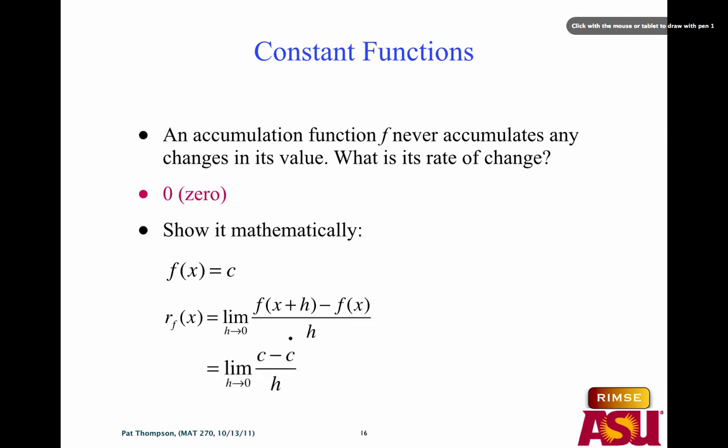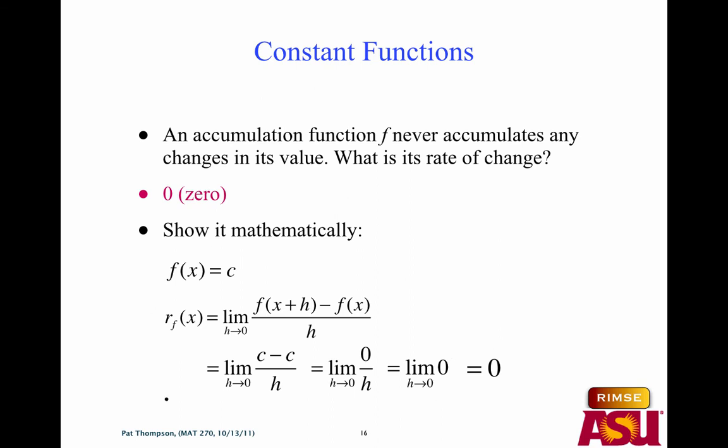So this whole thing is the same as the limit as h goes to 0 of c minus c over h. But c minus c is 0. And 0 divided by something that's not 0, because we're imagining h is still some non-zero value that we're letting get really tiny, is 0. So when I divide 0 by something else, I get 0, and the limit of 0 is always essentially equal to 0.